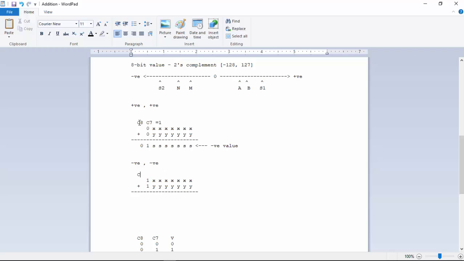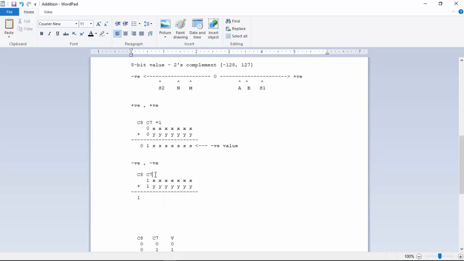Now in this case, let's look at C8 and C7. C8 will always be 1, isn't it? Whether C7 is 0 or 1, it doesn't matter. 1 plus 1 is 1, 0, so it will carry out 1 at the C8 stage. So for two negative number addition, I have C8 as 1 always.